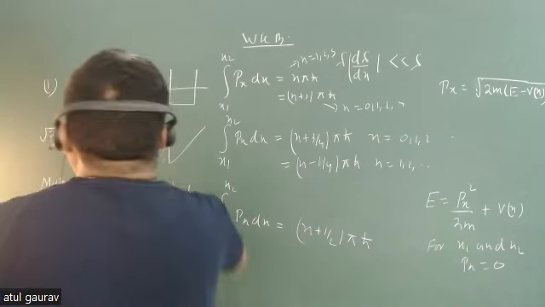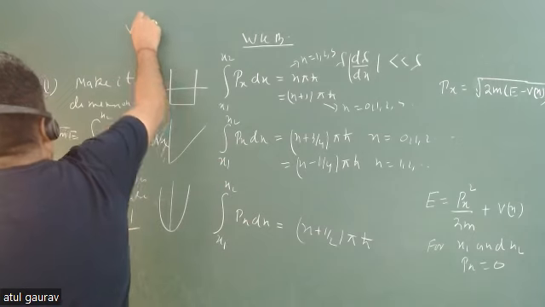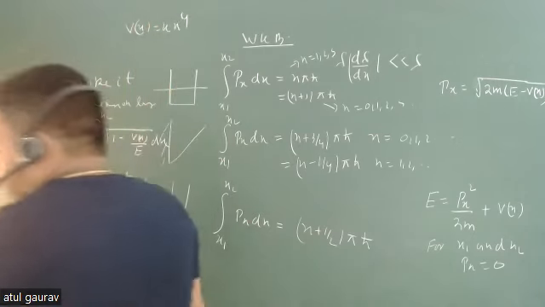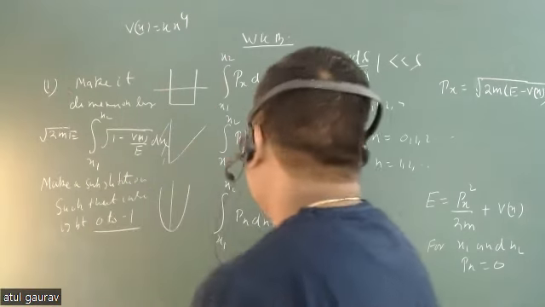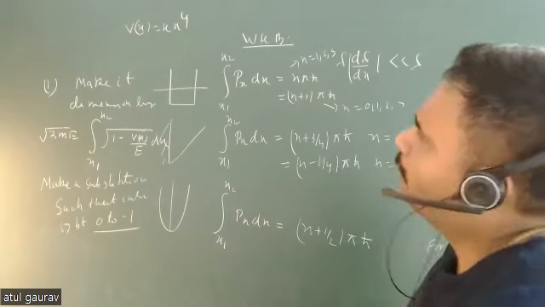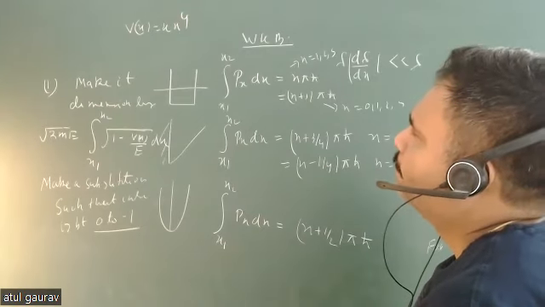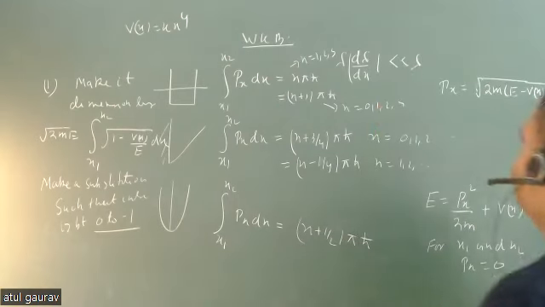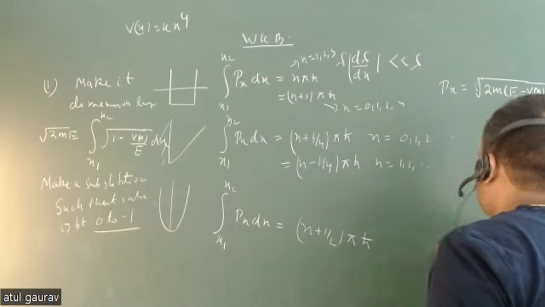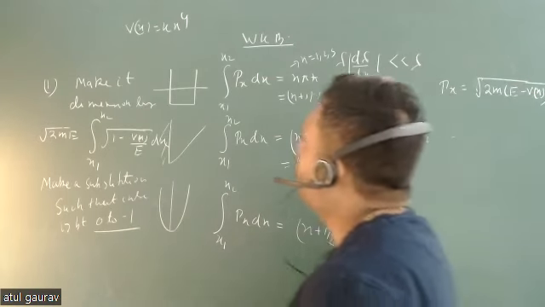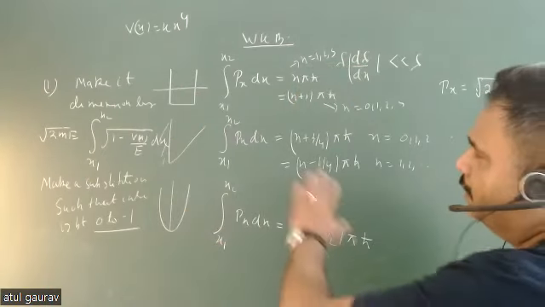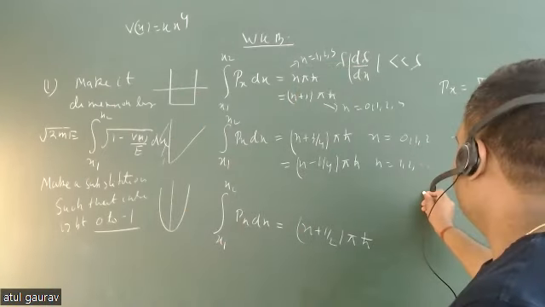Okay. For example, suppose I have Vx is equal to kx to the power 4. Then which one of the following formulas will be useful? First, second, or third? Third one. Okay, because this is smooth and you have to go for integration.